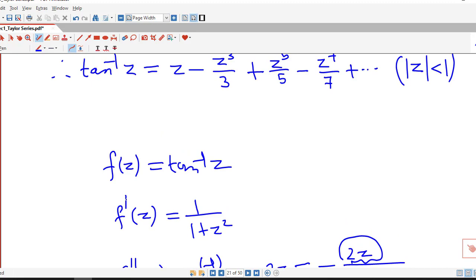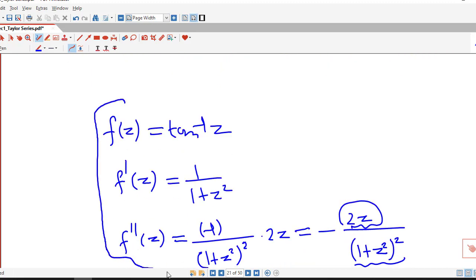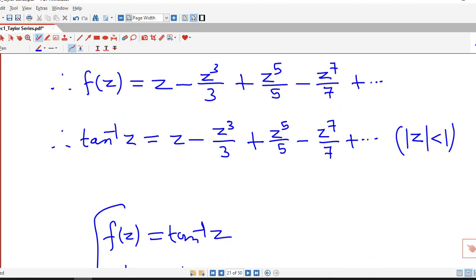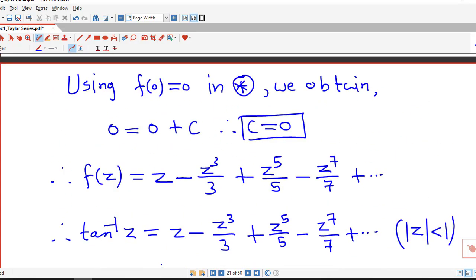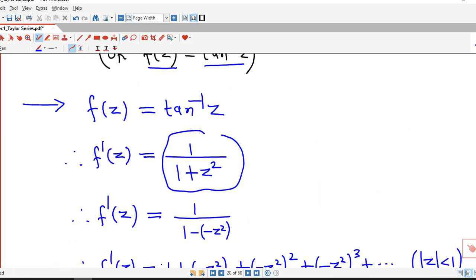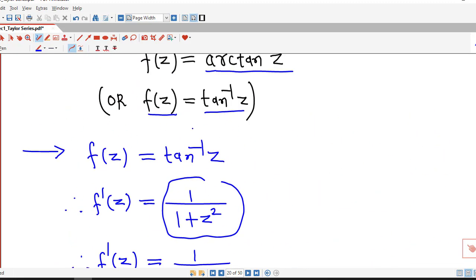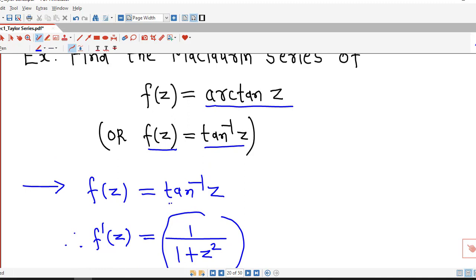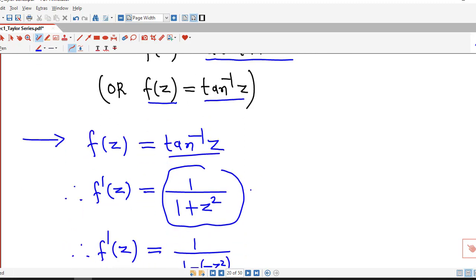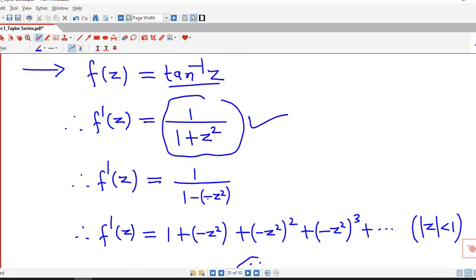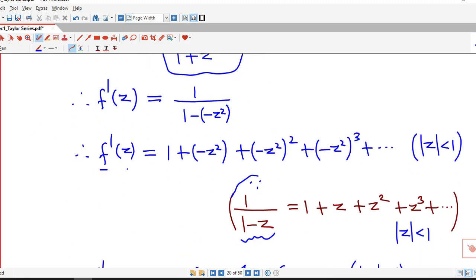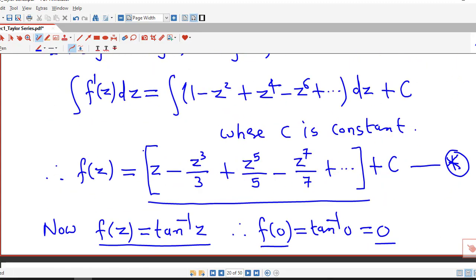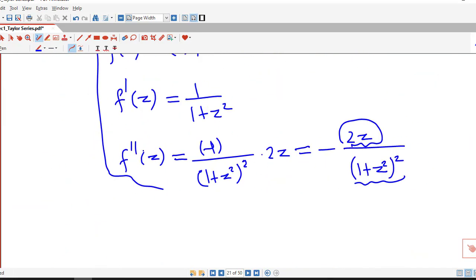So instead of going this way by using derivatives in the formula of the Maclaurin series, it is easy to obtain the series in this way. First we take the derivative of tan inverse z, then we find the Maclaurin series of the derivative, and after integrating the Maclaurin series of the derivative, we obtain the Maclaurin series of tan inverse z. In this way we can use standard Maclaurin series to obtain the Maclaurin series of other functions.